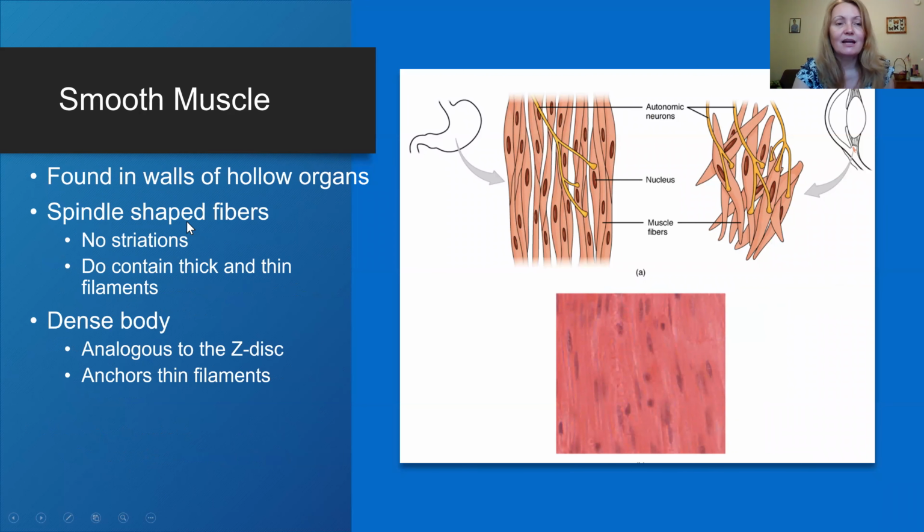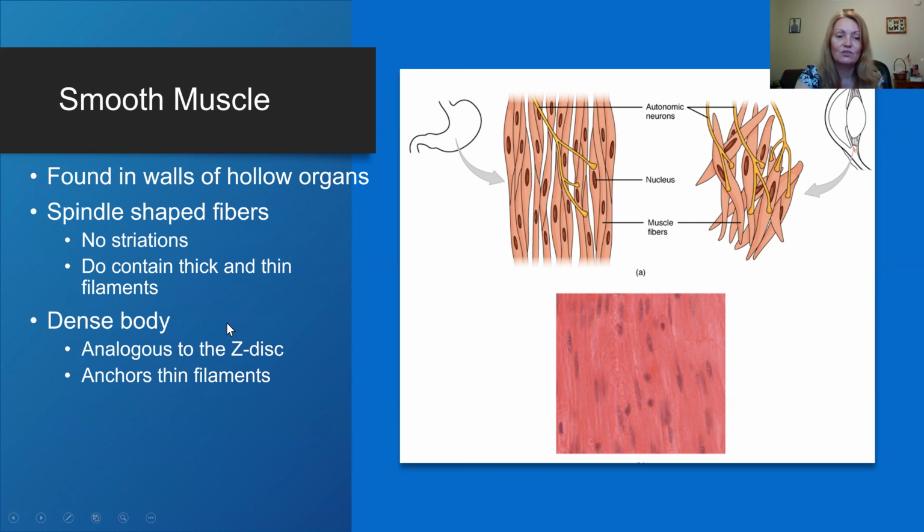Now, smooth muscles are found in walls of hollow organs, and they have spindle-shaped fibers. We already talked about it. No striation. However, they do have actin and myosin. It's just not organized in these precise sarcomeres, and we don't see this striated appearance. They have dense bodies.